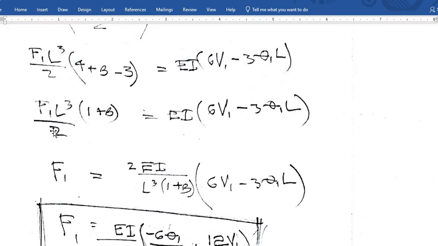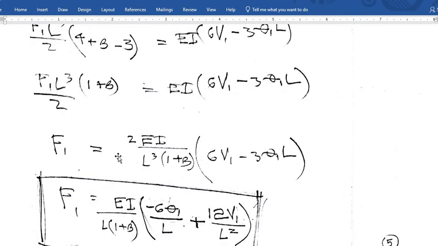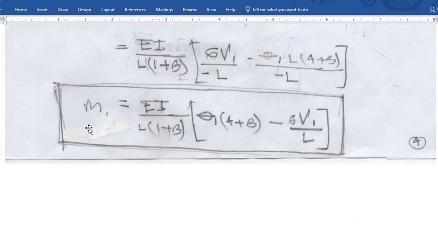And then from this term, i-isolate natin si F1. Si L cube, 1 plus beta, tsaka si 2, ilipat lang natin dito sa right term. Okay, so F1 now is equal to 2EI all over L cube times 1 plus beta multiplied by the quantity 6V1 minus 3 theta 1 L. And then, ipakita ko lang itong equation ni M1.